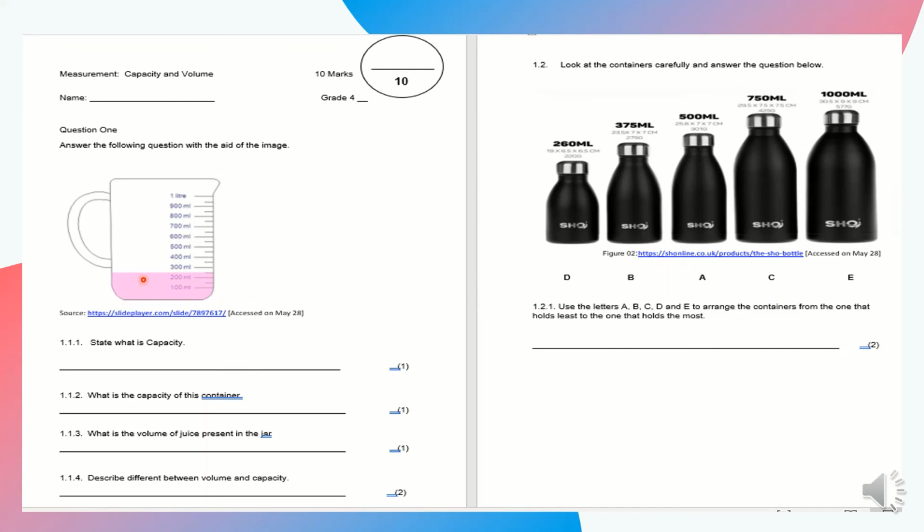So they just have to read off of the picture, write the name down, that's measuring. Okay, what is the volume of the juice in the presented jar? Of course, volume. Capacity would be 1 meter, volume would be the actual liquid. Describe the difference between volume and capacity, and that is evaluating.